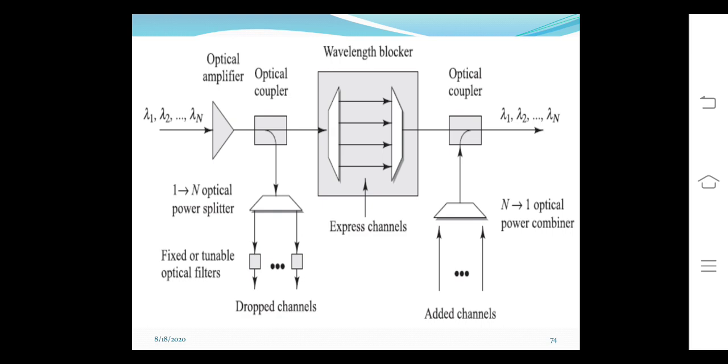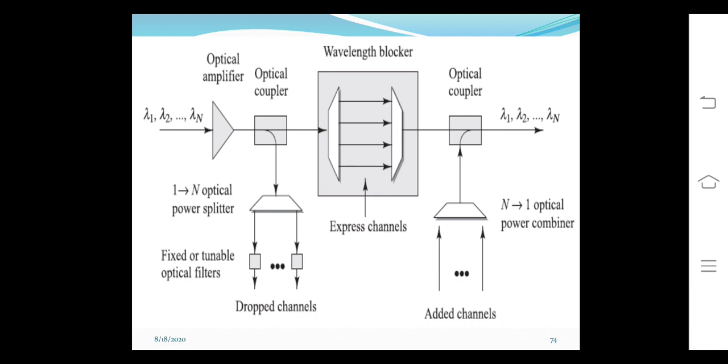So here is a diagram of ROADM. First, there are your input wavelengths, from lambda 1 up to lambda n, being transmitted through the amplifiers, and coming to the couplers, it couples the signals. Further, a multiplexer will be used. So 1 to n optical power splitters are present.